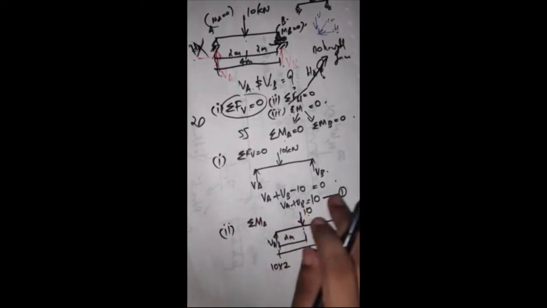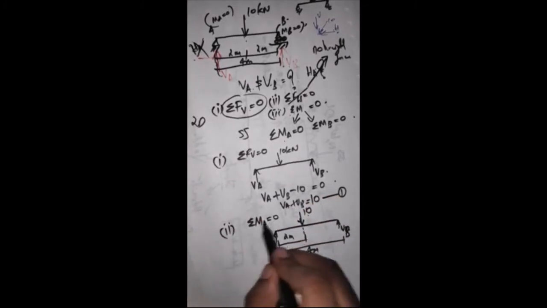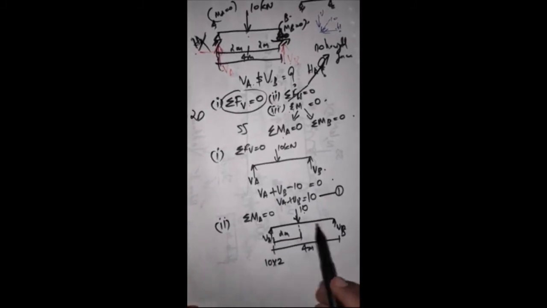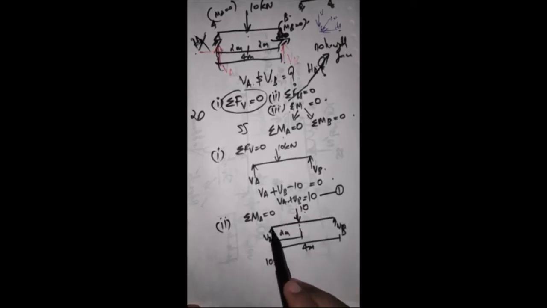So we are developing the equation, that is sigma MA should be equal to 0. So about A we are finding the moment. Let us first be clear that in this figure there are three forces now: the 10 kilonewton, Va and Vb.